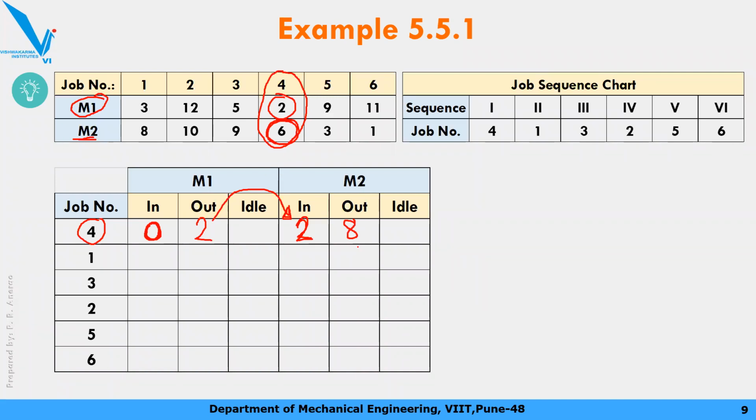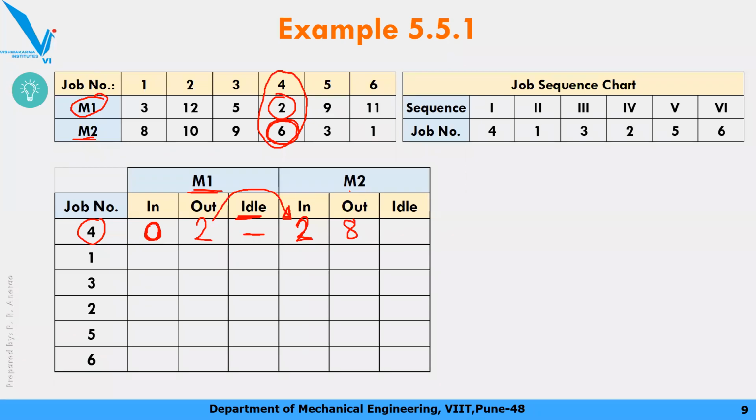Now if you look at the idle time, machine 1, how much time the machine is idle? जीरो, नील. क्योंकि जैसे आपने स्टॉप वॉच ऑन किया, आपका जॉब चालू किया, directly it is working, machine 1 is working.